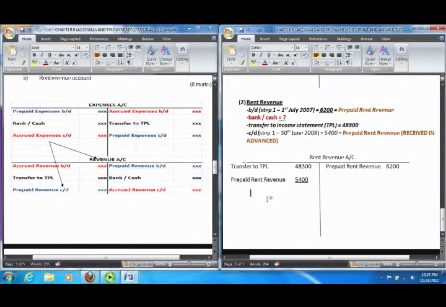Can you help me to calculate? 53,700. Alright, class, which side is bigger? Because the debit side is 53,700 and your credit side is 6,200 only. So can I know how to make it balance? So we have to choose the bigger amount.